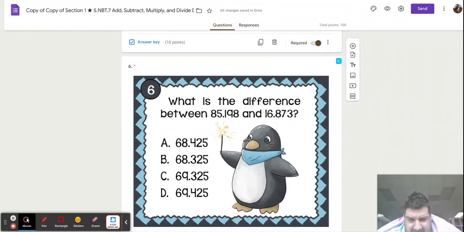What is the difference between 85 and 198 thousandths and 16 and 873 thousandths? So let's think. Subtract 8 minus 3 is 5, so they all have 5 in the thousands place. 9 minus 7 is 2, so they all have 2 in the hundreds place. And you can't take 8 from 1, so you've got to regroup.